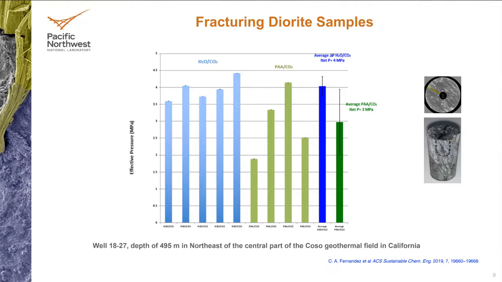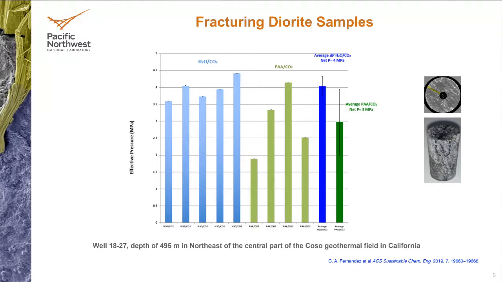When we use polymer active solution, we get values similar to water in some cases, but in other cases, and this is because of the sample variability, the rock is not a homogeneous material, we require much lower overpressure to break it. And in some cases, we require somewhere intermediate, and in others, similar to the pressure we require to fracture with water and CO2.